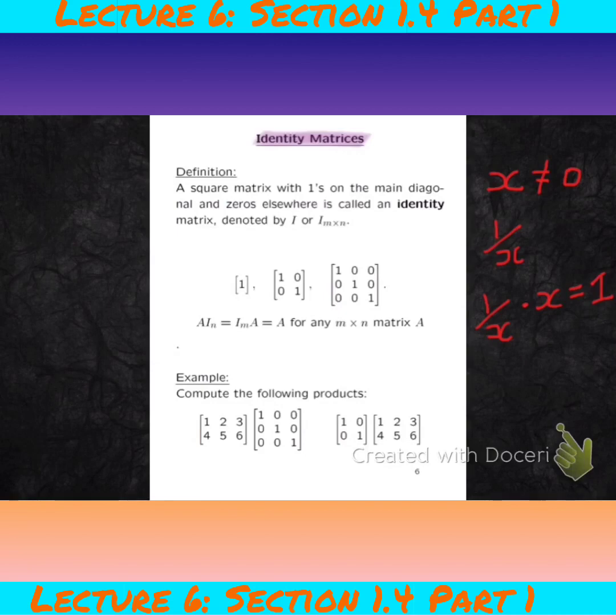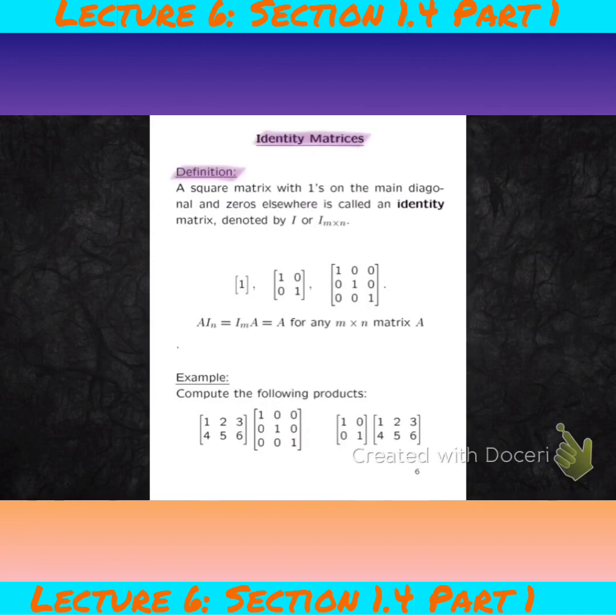Now, you have an analogous concept in matrices. The question is, what is the identity matrix in matrices? What is the matrix that I can multiply with any matrix A such that A stays the same, whether I multiply on the left or on the right?